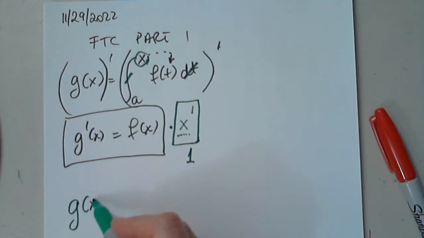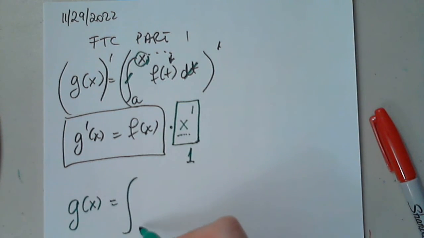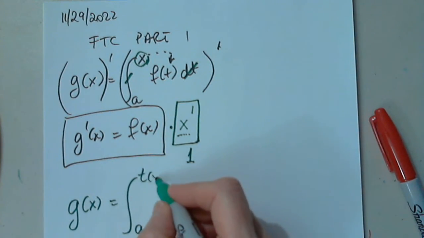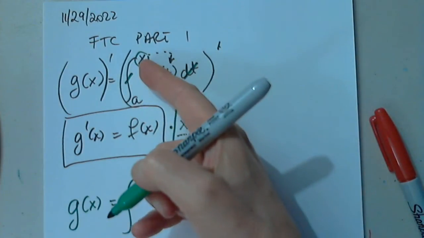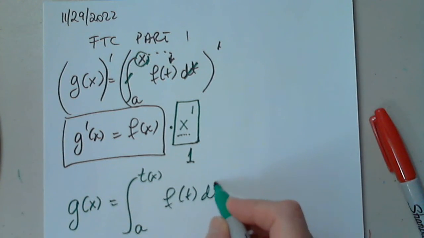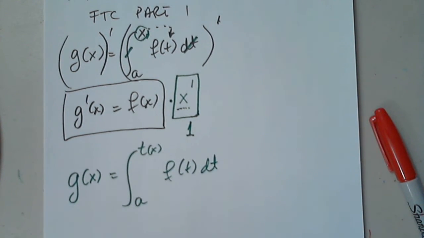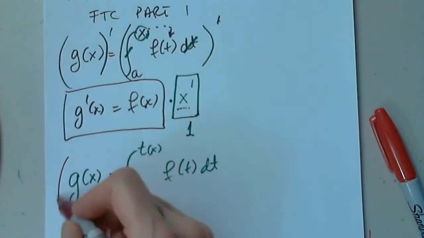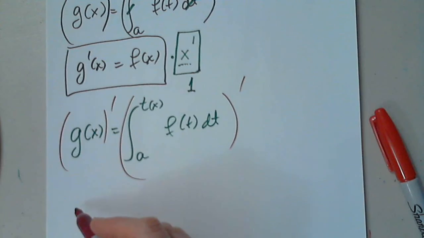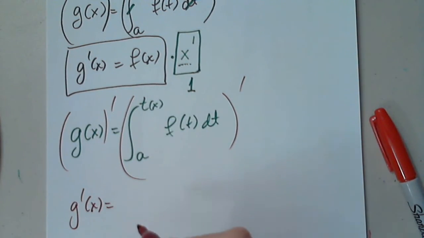But notice the difference now. If I'm given g of x as the integral from a to t of x, not just plain x whose derivative is 1, but a function of x, from f of t dt, the whole thing changes. So when I differentiate the left-hand side and the right-hand side, the left-hand side will be g prime of x.